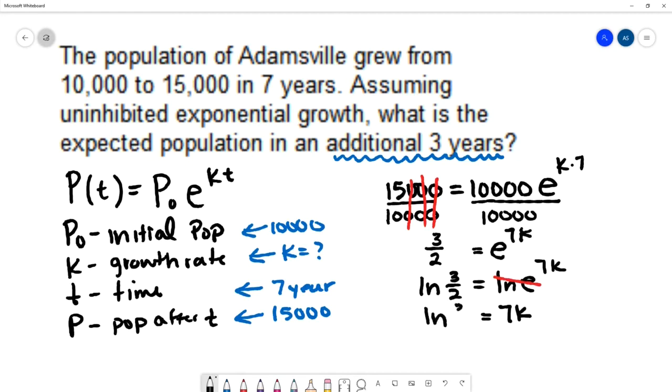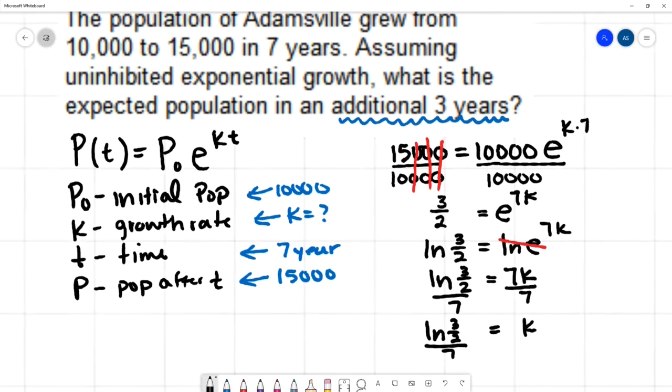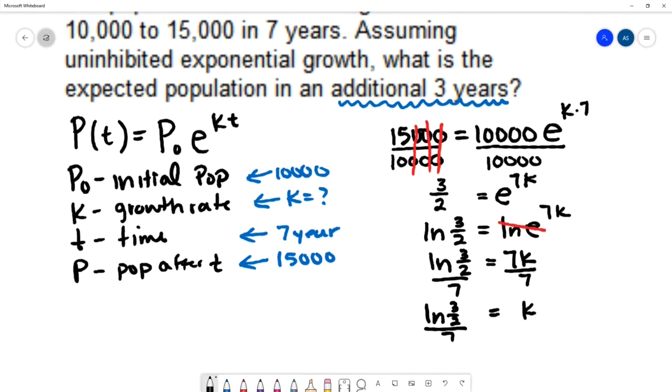So we have natural log of 3 over 2 equals 7k. And I'll be able to solve for k by dividing by 7 on both sides. We get natural log of 3 over 2, all over 7. So we have our growth rate for our population.